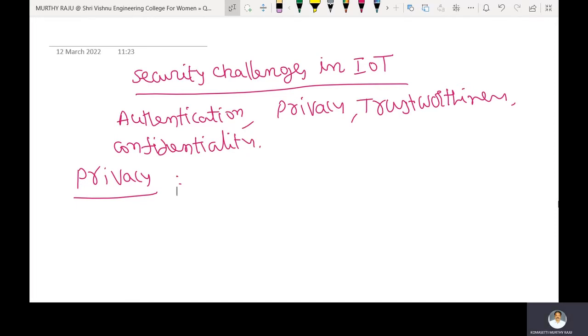As the internet gets diversified, that means varied, with new types of devices and heterogeneous networks, and because of those diversified devices and networks and heterogeneous, interoperability operations, it is very difficult to maintain privacy.